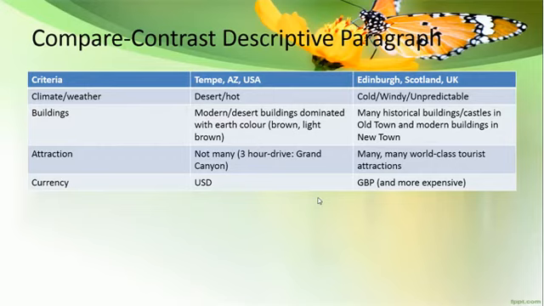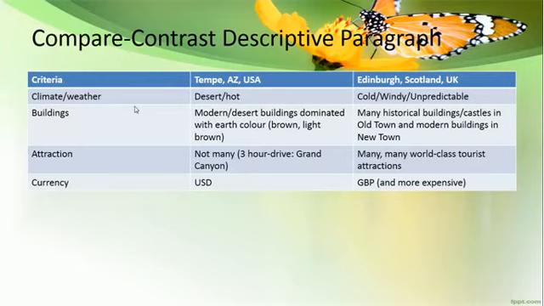So it is better in a descriptive paragraph to explain, for example, just two criteria in depth, in detail, rather than to explain 4 or 5 criteria superficially.